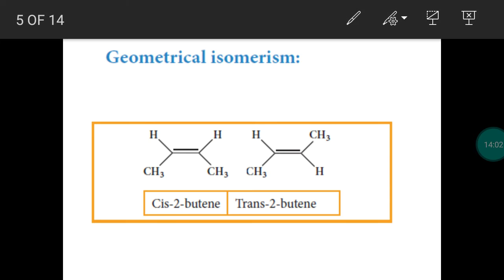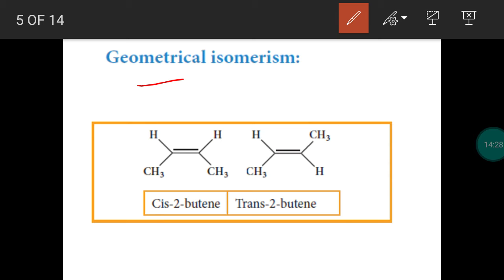Now alkenes will exhibit geometrical isomerism. The detailed study was already over. In lesson number 11, we already completed how alkenes exhibit geometrical isomerism. I will just repeat it. Another name for geometrical isomerism is cis-trans isomerism, and what is responsible for this type of isomerism?